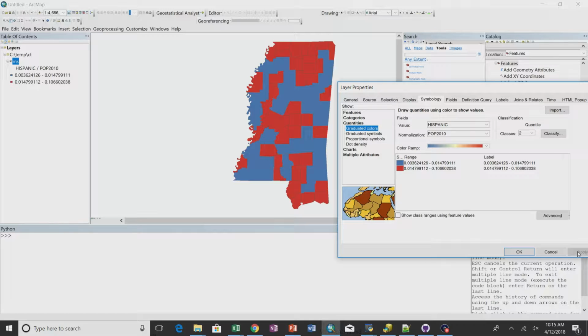Because it kind of looks like the I-59 corridor. Which one's high? I guess this one is high. The reason why I'm normalizing by population is because we wouldn't just want to use a non-normalized value, because if we did, basically Hispanics would live where people live. That wouldn't be a good question to answer.